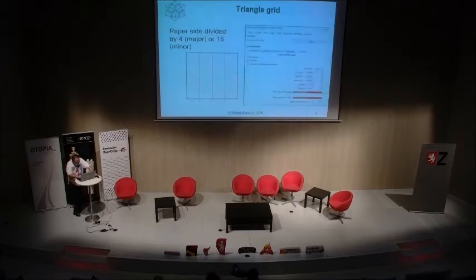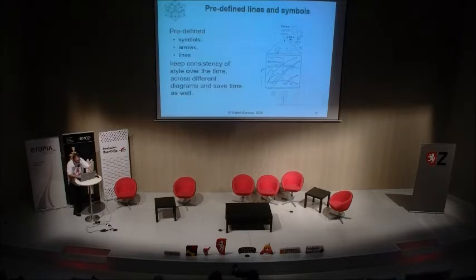And there is also a nice thing, especially for tessellation: a triangle grid, which is included in the standard. Next things are predefined symbols, arrows, lines.